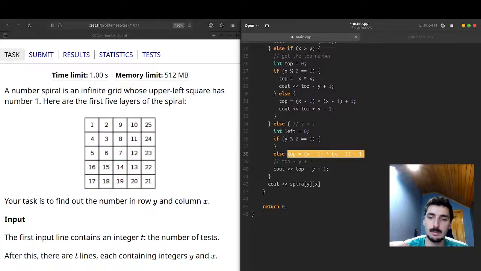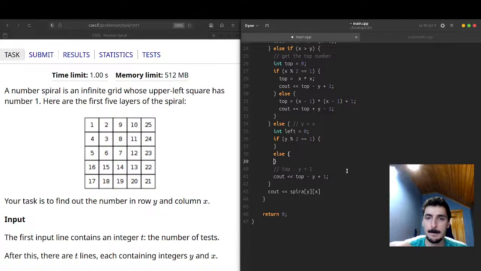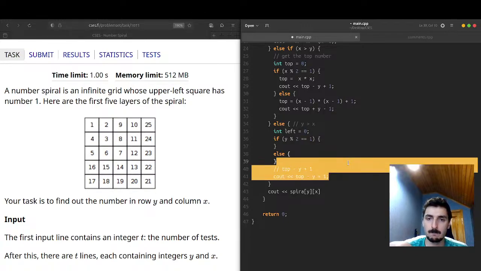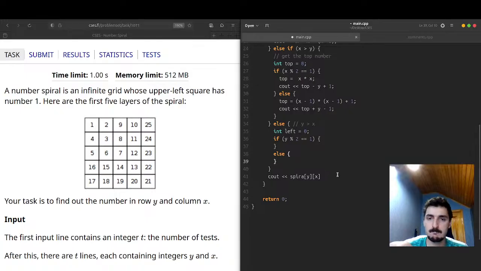No, left number. In this case, also delete this. Also delete this, yes. No, no. What the hell was that?